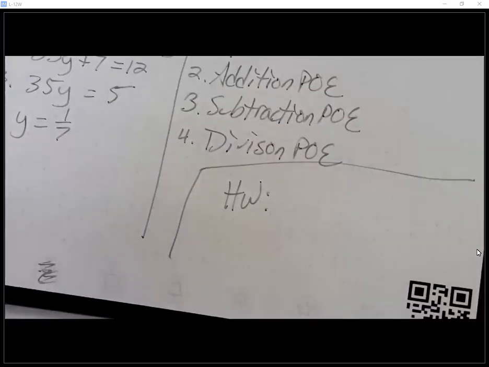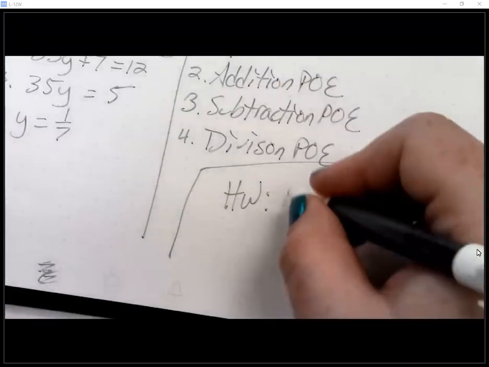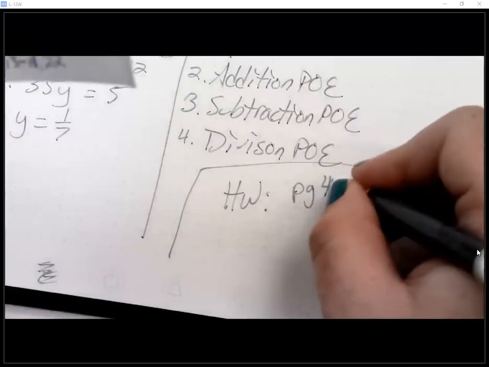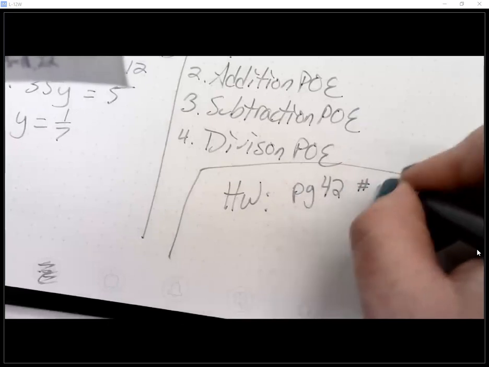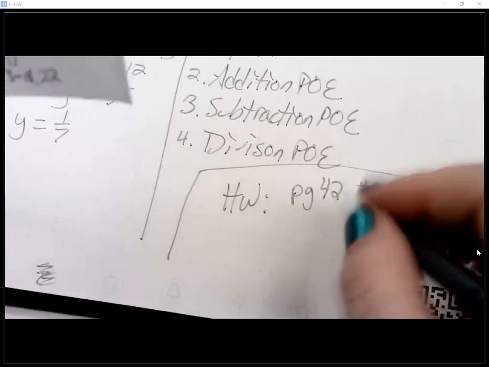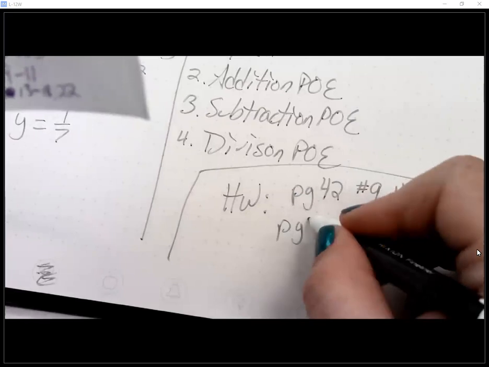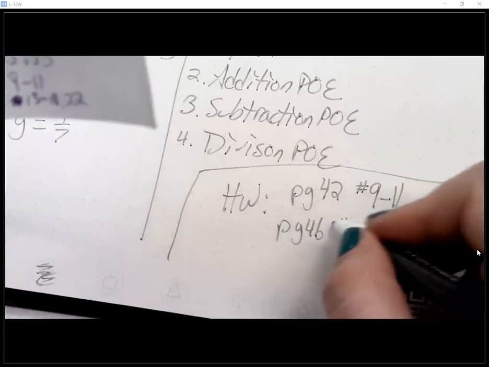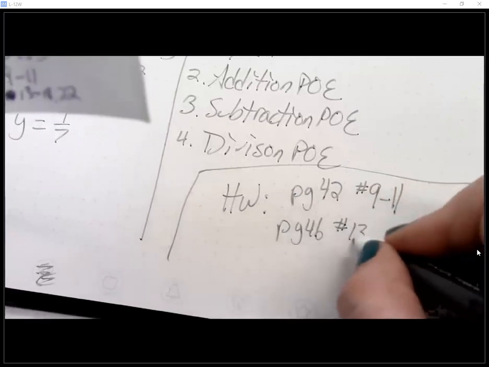We're going to do page 42, numbers 9 through 11. And then on page 46, numbers 13 to 18 and 22. That's it.